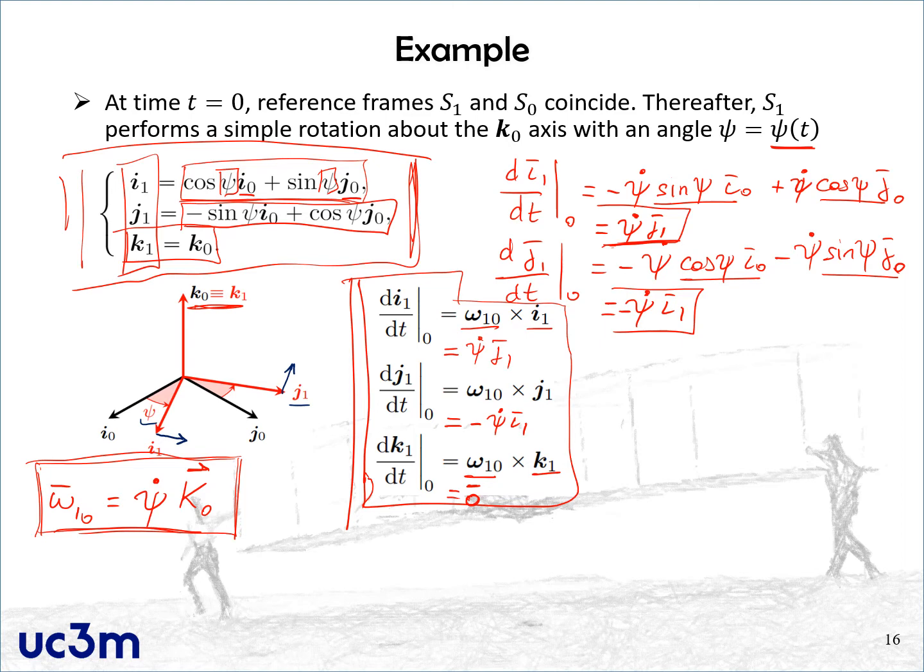The magnitude of the angular velocity vector is the rate of change of the angle, in this case psi, so we have psi dot, and the direction is the direction of the axis of rotation. All right, so here we were rotating about k0 in the positive sense. Okay, so the vector is k0. This is true for any other rotation. So when you rotate about the I axis, you will have the I vector in omega and so on. Okay.